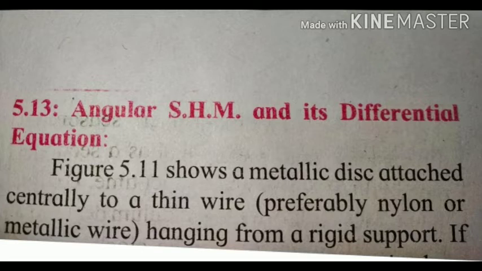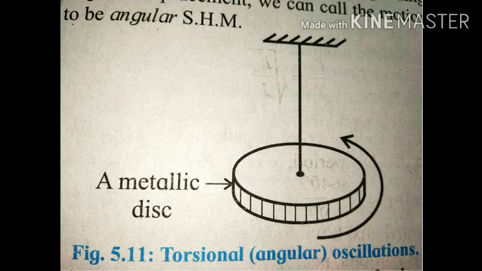An example of this angular simple harmonic motion is if a metal disc is suspended from a rigid support using a thin metallic wire, and the wire is attached to the center of the disc, and if the disc is rotated or twisted along its axis and released, then it performs rotational motion, or it oscillates in clockwise and anti-clockwise direction alternately along a curved path.